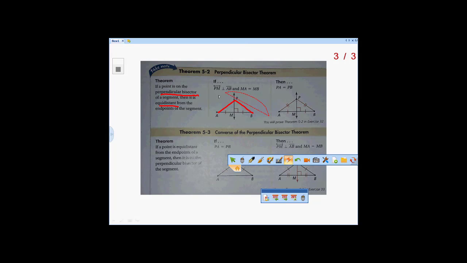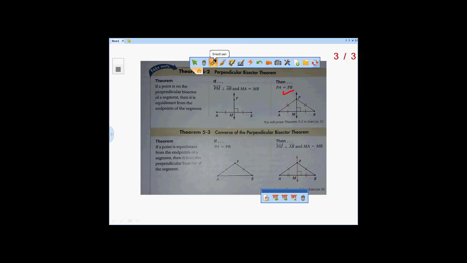So if PM is perpendicular to AB and MA is equal to MB, then PA is equal to PB. Let us move to the converse of the perpendicular bisector theorem. Converse means if PA is equal to PB, and I draw a line passing through this point P, then this line must be a perpendicular bisector.